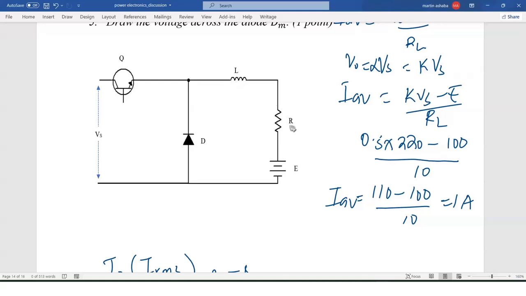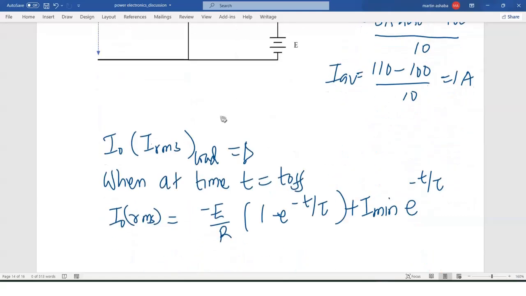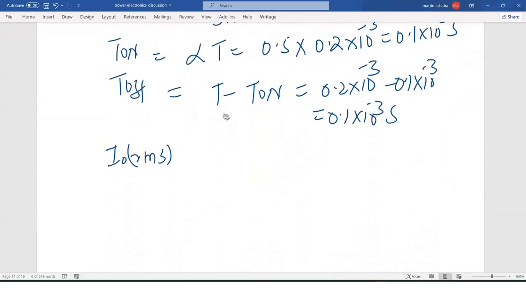So that current will be discharged to the load at steady state without affecting our circuit. So for that matter, we need to get the I naught value when the chopper is off, to get that current that is going to be flowing through the freewheeling diode.